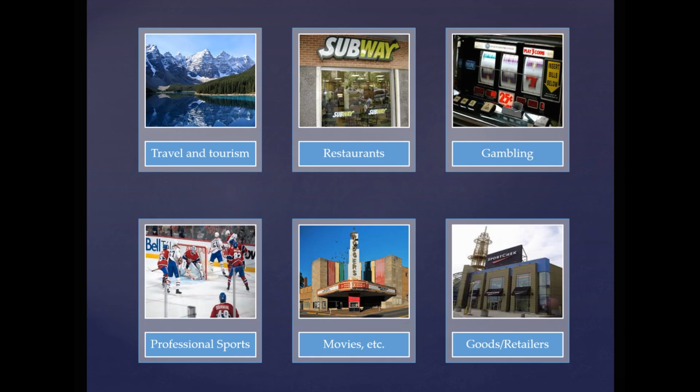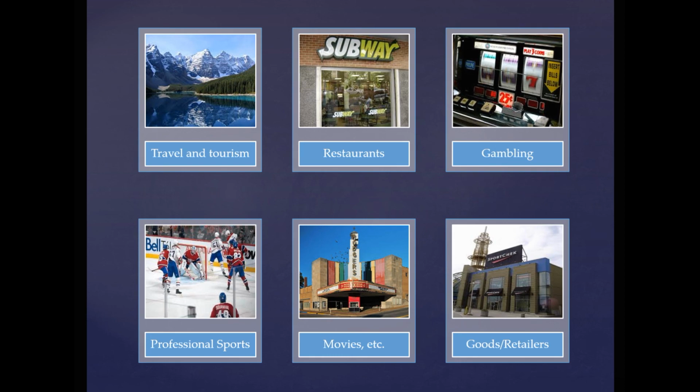As I said, this is a massive area. You can have travel and tourism. You could also consider restaurants to be part of the commercial sector, since going to eat is a leisure activity, and events are often around food. Gambling can also be considered a leisure sector, although usually it's viewed as its own thing.